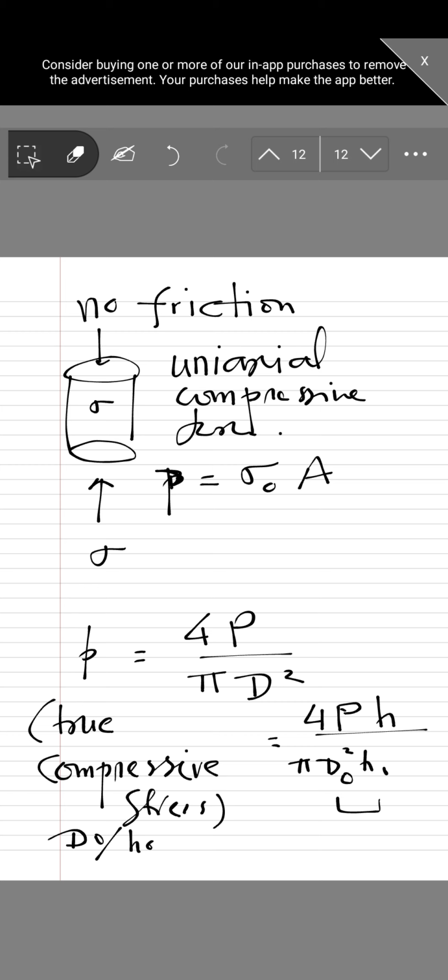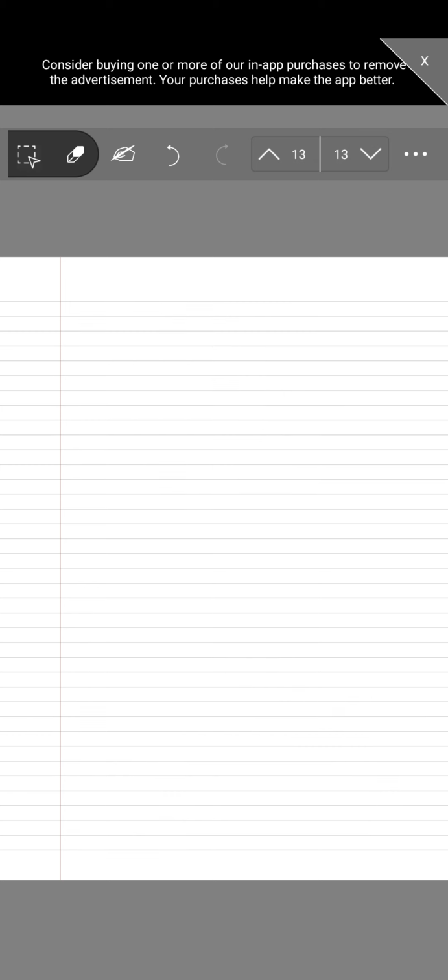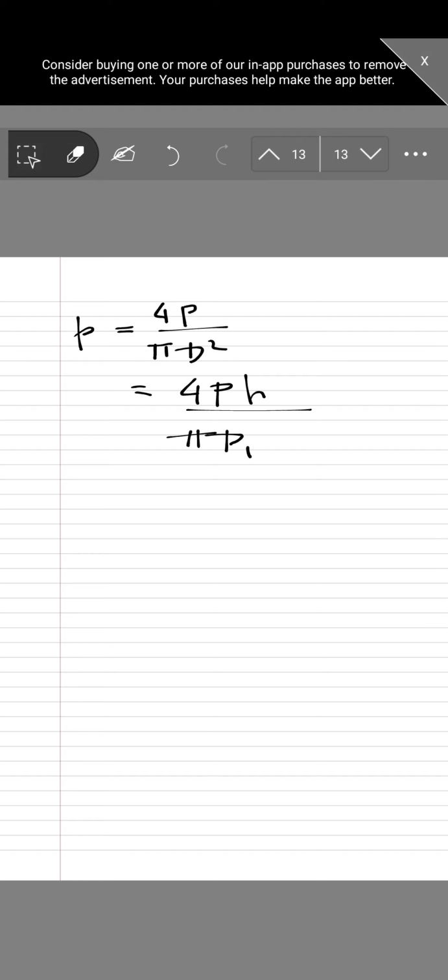So let's write it once again. p is equal to, initially it was 4P by pi d square. Now it has been replaced by 4PH divided by pi d0 square into h naught.